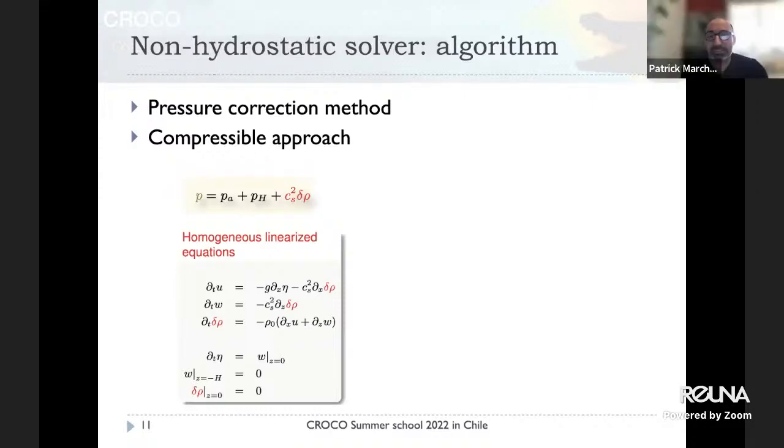Here CS is the speed of sound, and CS squared times delta rho is the non-hydrostatic pressure. You introduce that in the equations, and instead of a non-divergent equation, you now have an equation for delta rho, which describes the compressibility.